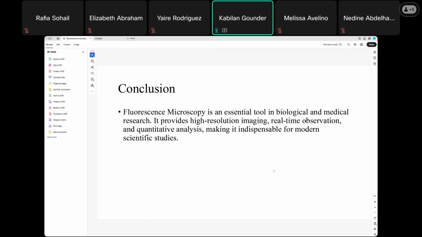Finally, we can conclude that fluorescence microscopy is an essential tool in biological and medical research, which provides high-resolution imaging, real-time observation, and quantitative analysis, making it indispensable for modern scientific studies.